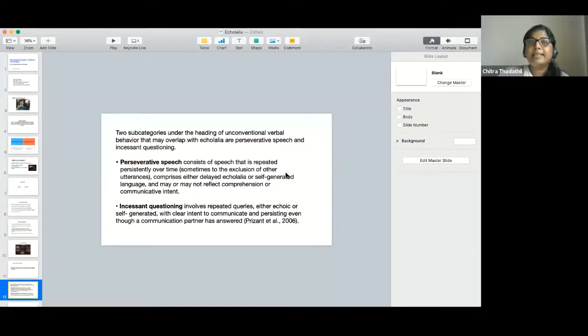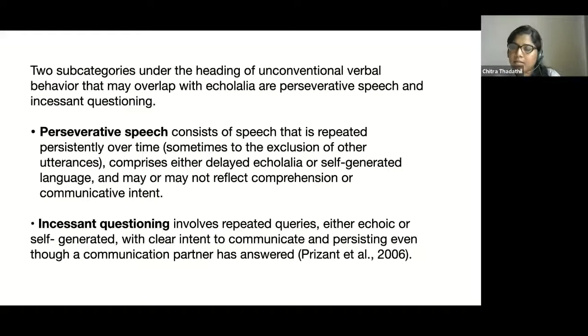So basically, the child is asking you a question and he goes on with that question even after you have answered that question and given him an answer. You also see this in children who are typically developing. They ask you the same question over and over again, probably because they have not got the answer that they are looking for. And with children on the autism spectrum, at times this can get really obsessive.